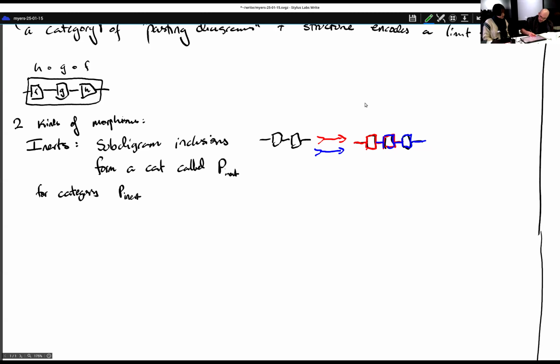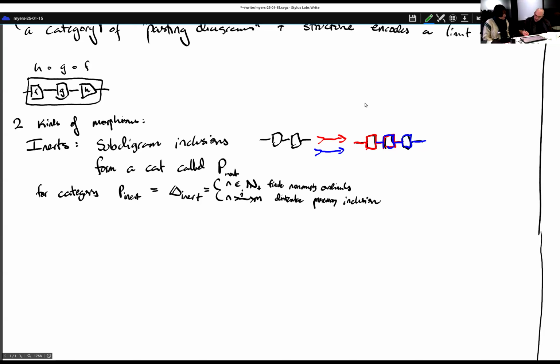So P inert will end up being this category delta inert, whose objects are natural numbers, or finite non-empty ordinals, and where a morphism is, if you will, a distance-preserving inclusion.